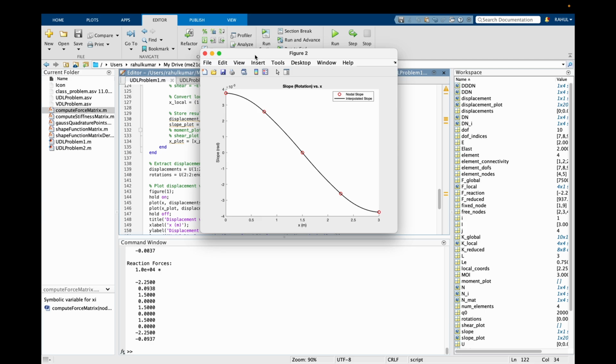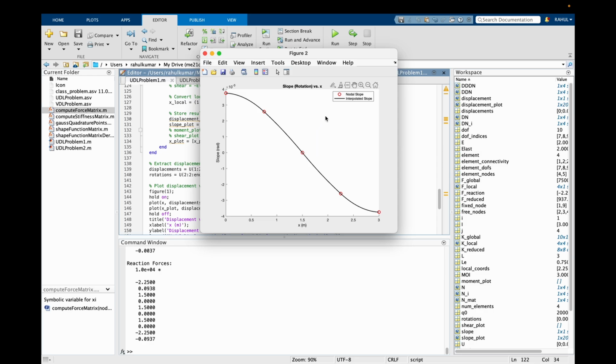One is positive and the second is negative, and here it is 0. When you draw a line here, with respect to this line, this graph is symmetric but with the negative sign. We can also see that at the midpoint there is no slope, so that's why the slope value is 0 at this point.